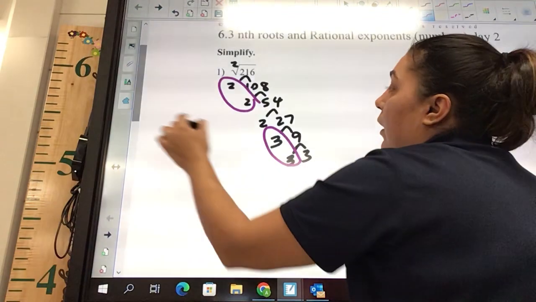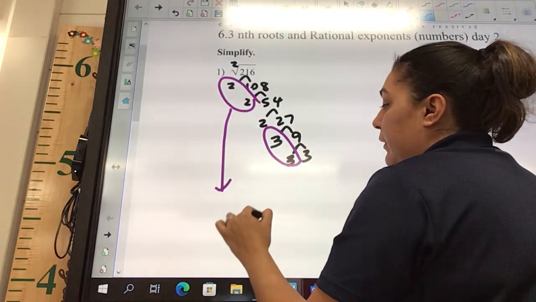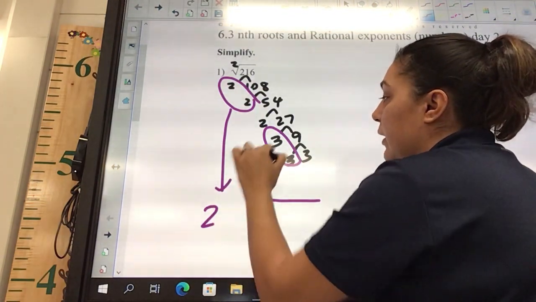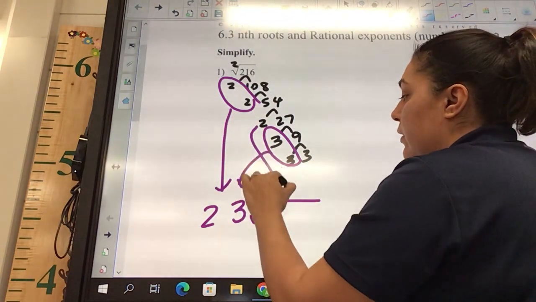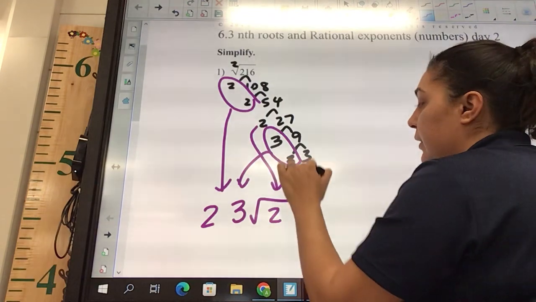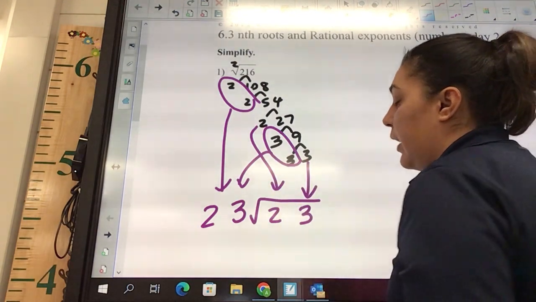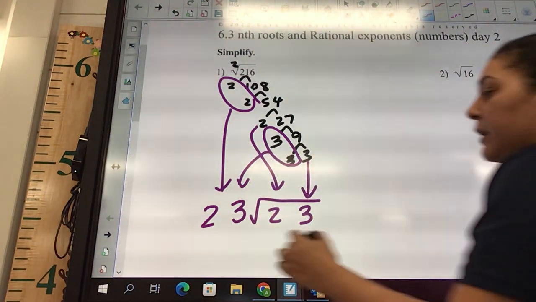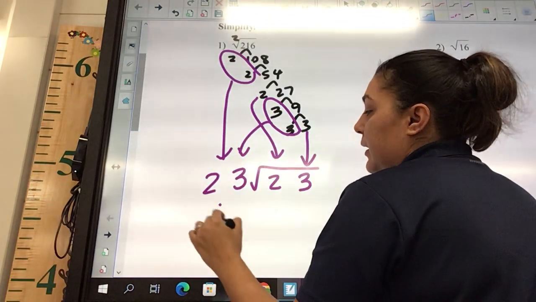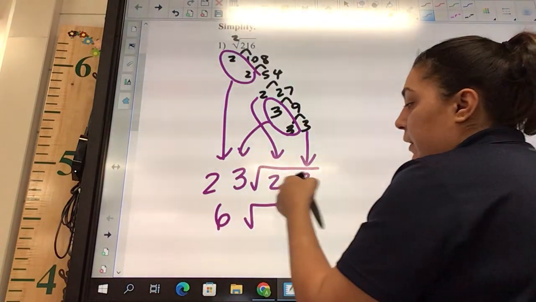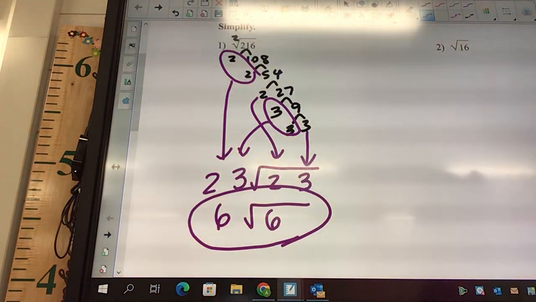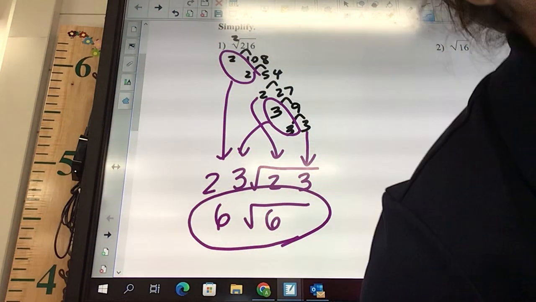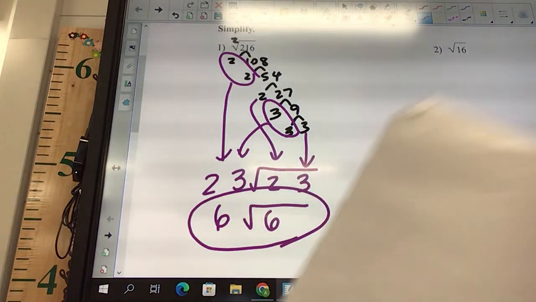On the outside here, I got a 2, and I got this 3. And then on the inside, this 2 goes back on the inside because he's got no friends, and this 3. Then we have to multiply all these things. So 2 times 3 is going to be 6, and then 2 times 3 is going to be 6. So 6 square root of 6, that is that simplified radical.